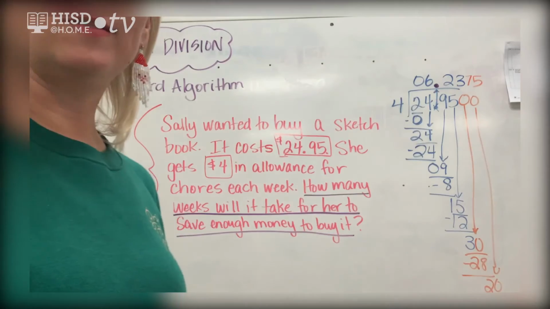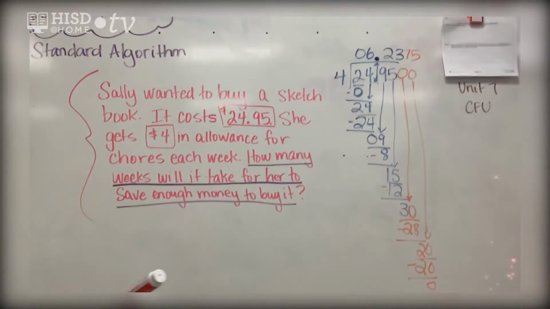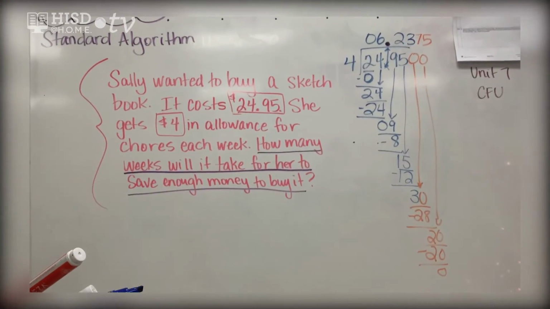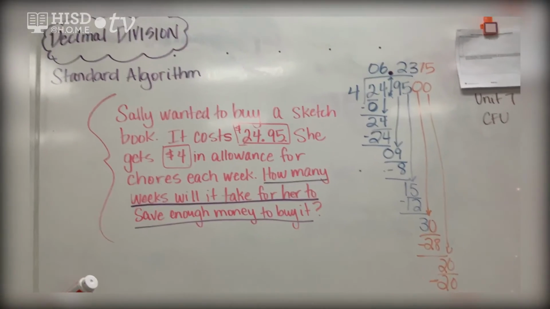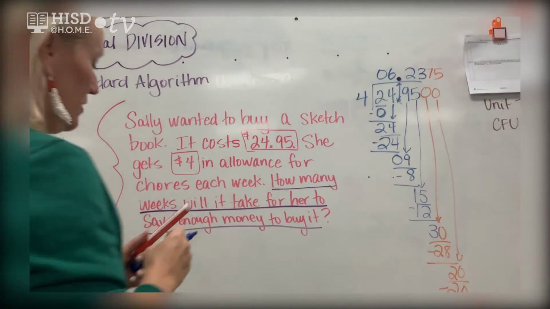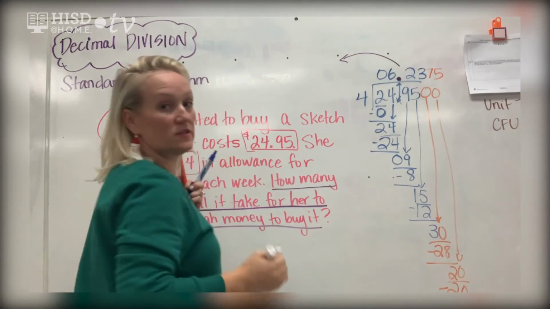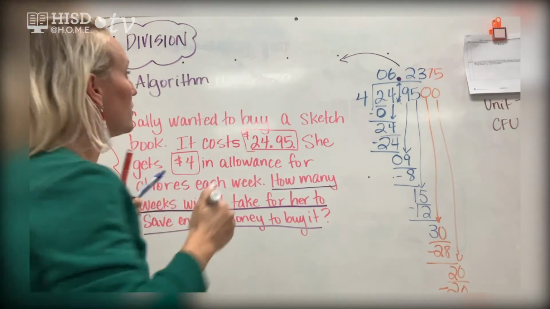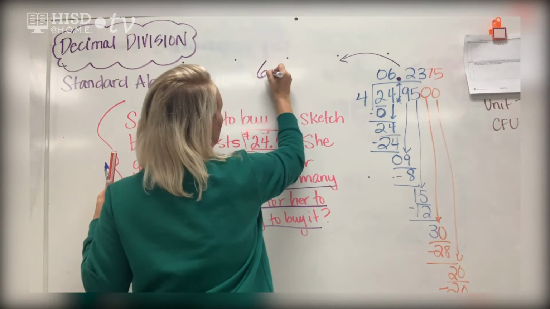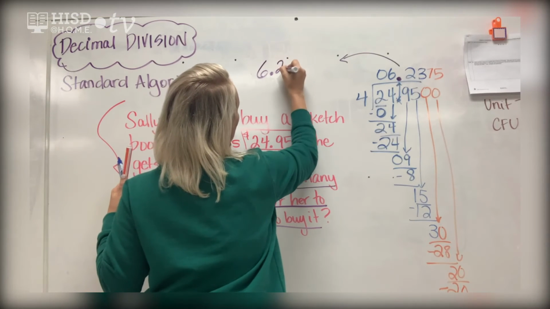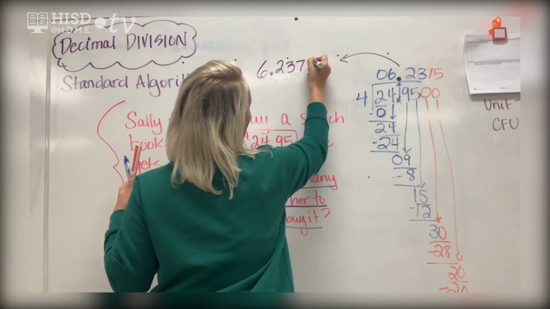Now, that's how long that problem was. Look, you now have a quotient and no remainder. So I'm going to move this over here so we can all see it. My quotient with my decimal in the correct place is 6.2375.